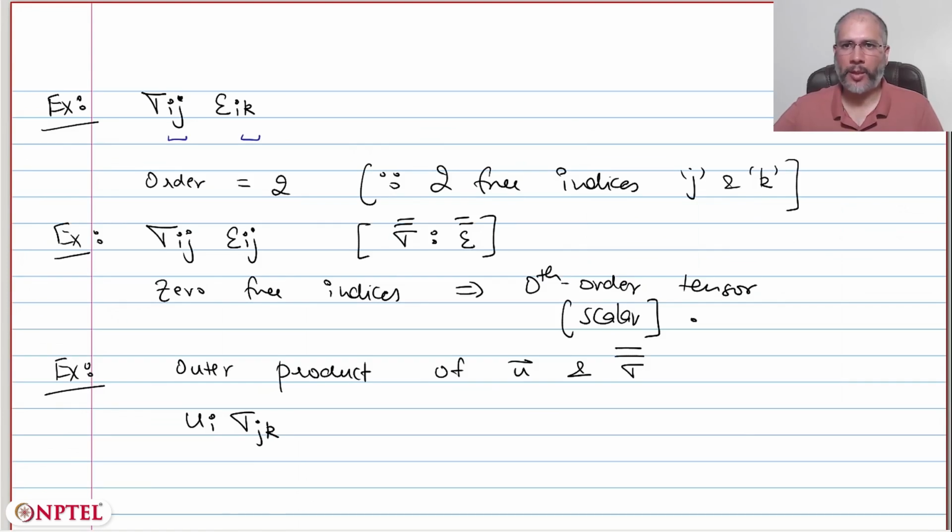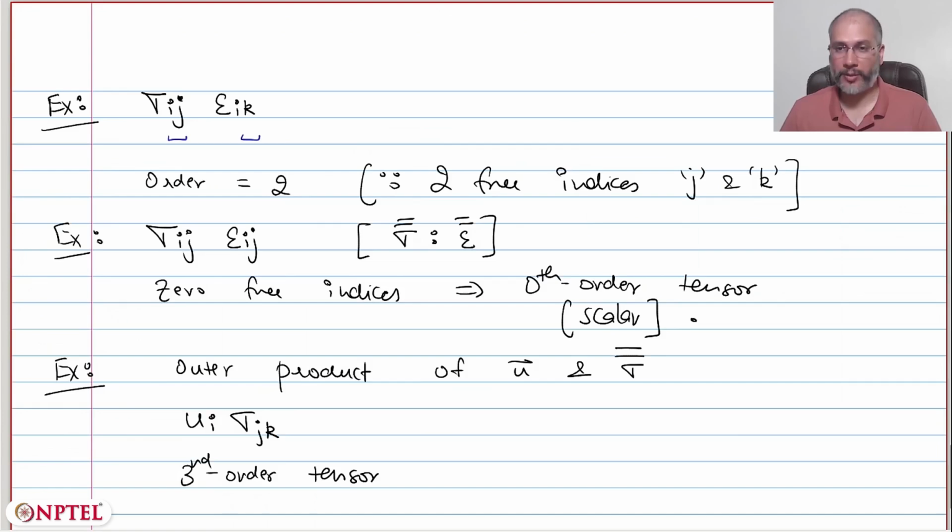And that's how we do an outer product, we don't repeat the indices because it's an outer product. It will increase the order. So in an outer product, we will not have any common index because of the definition of an outer product. What that means is that we have 3 free indices here. So the order of this is 3. So this term ui sigma jk actually denotes a third order tensor.